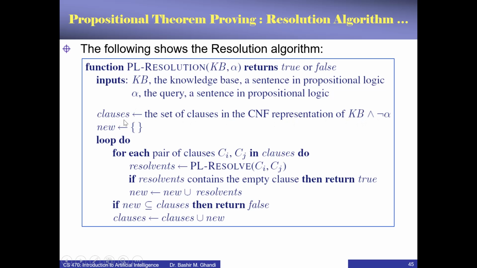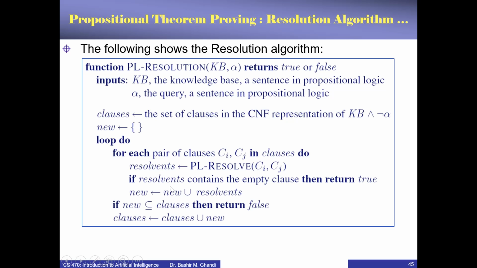So these are clauses. It initializes a new set of clauses to be empty, and then it starts a loop. For each pair of clauses Ci and Cj in the set of clauses, it will invoke PL-Resolve, so try to resolve Ci and Cj and return a result.